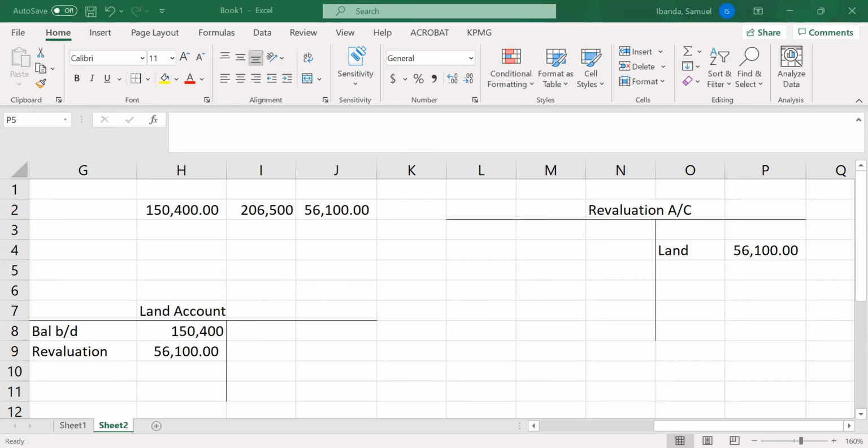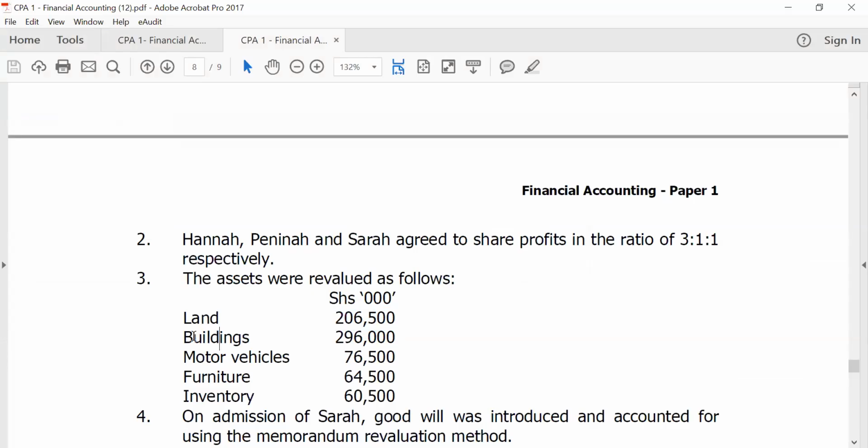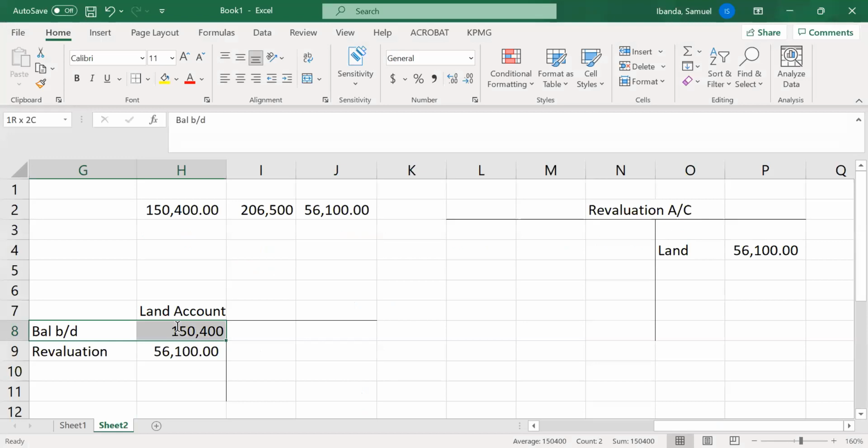So after we've drawn up those respective accounts, because you're now going to draw them up, I'm not going to draw them up. So you draw up for each of the assets as provided to you. We shall draw up a buildings account, a motor vehicle account, a furniture account, then an inventory account. Like I told you, the principle is to start with the balance brought down.